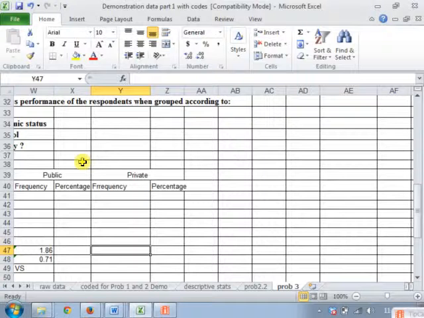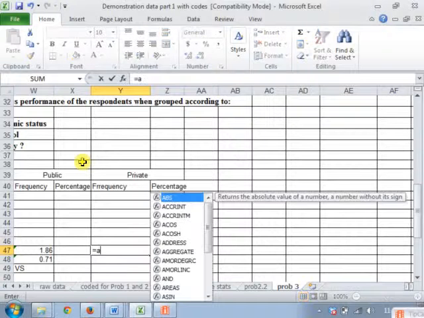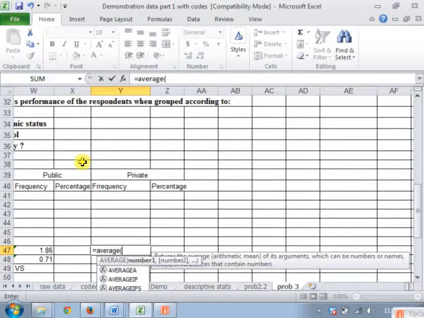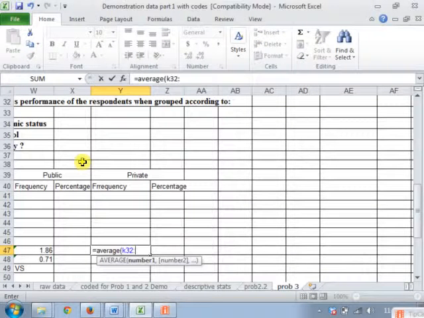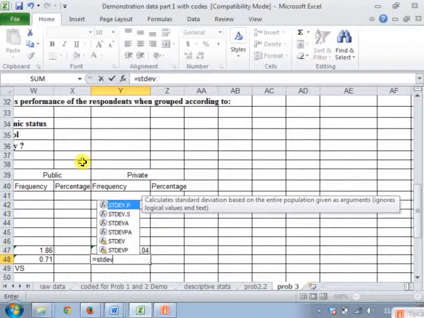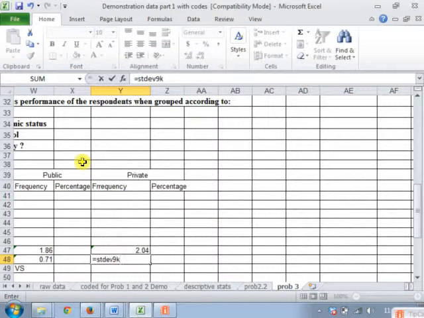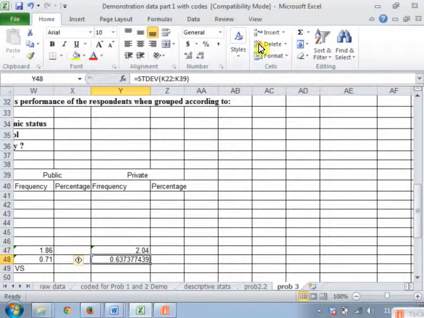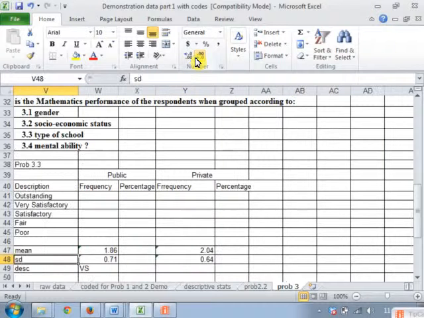So the average, and then the ST-Dev, you have K22 hanggang K39, right? You got that? Okay, let's talk about this one first.